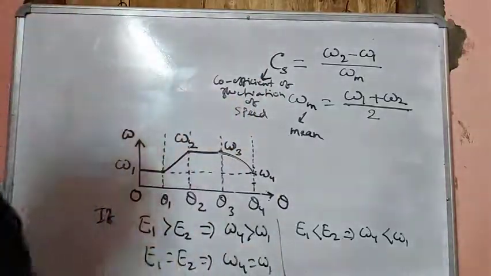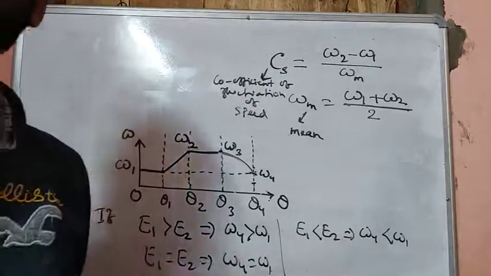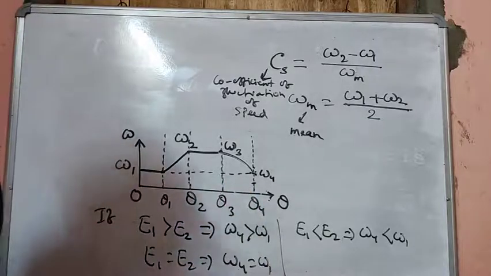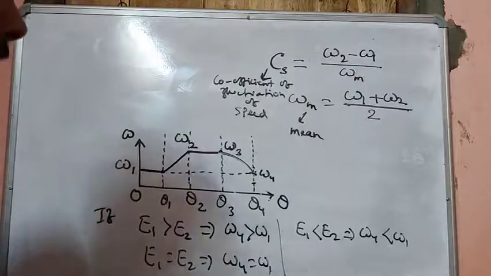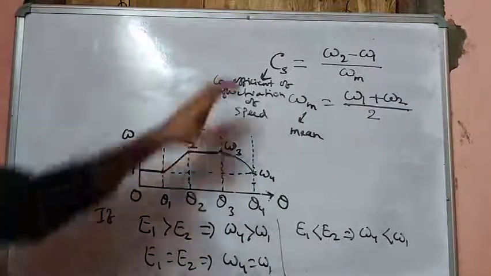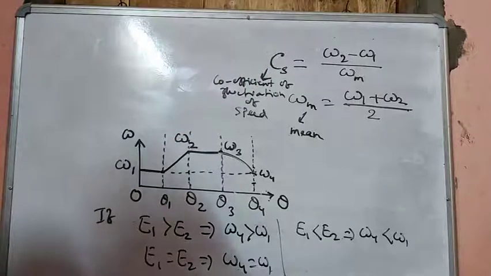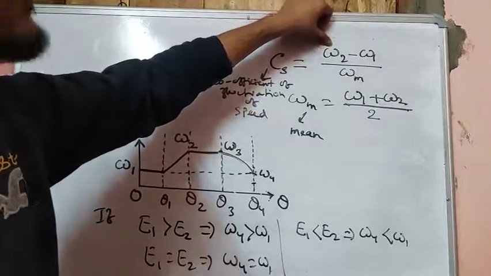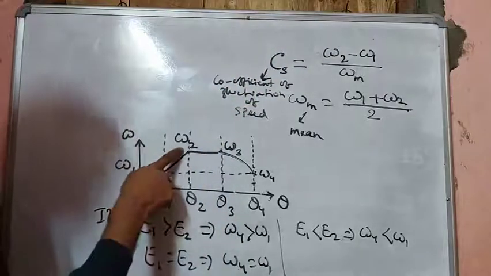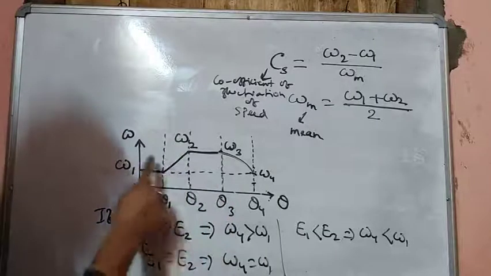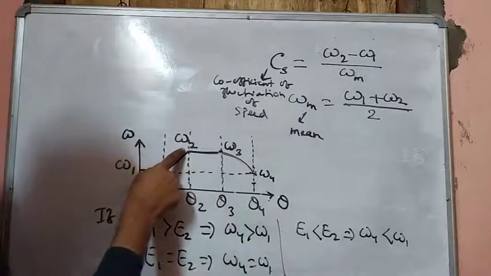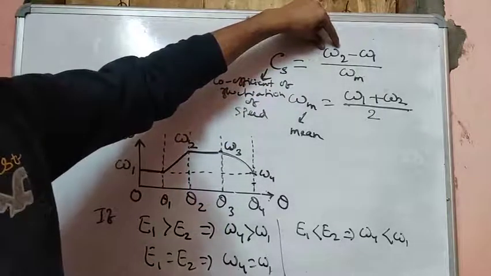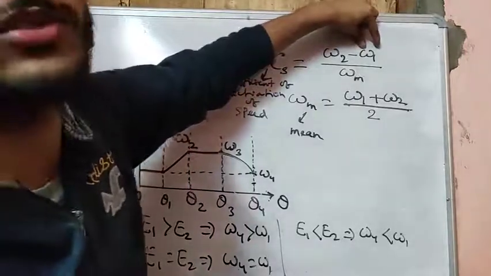This will signify how much the flywheel is limiting the angular velocity in a particular stroke, or in the complete cycle; we can use this CS for the complete cycle also. See, omega 2 is the maximum angular velocity throughout the cycle, as we can see in the angular velocity versus theta diagram, and omega 1 is the minimum angular velocity throughout the cycle.